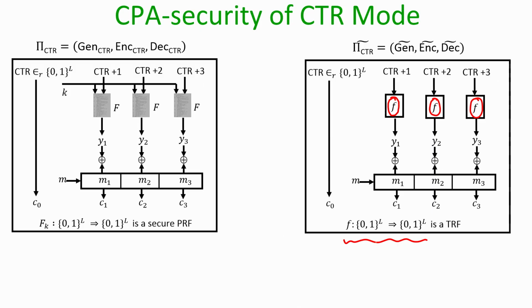The variant of the counter mode of operation, which I denote as pi counter tilde, is almost the same as the actual counter mode of operation, except that all the invocations of the keyed function f_k are replaced by invocations of the truly random function little f.